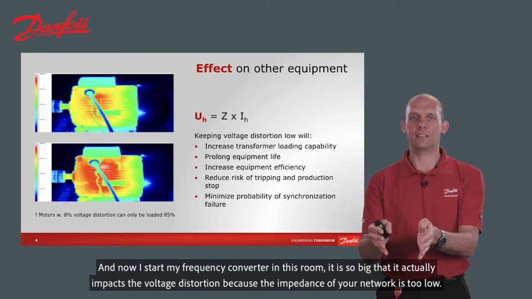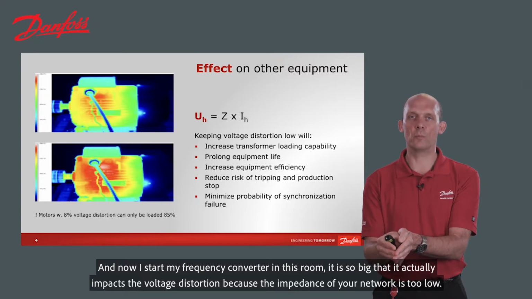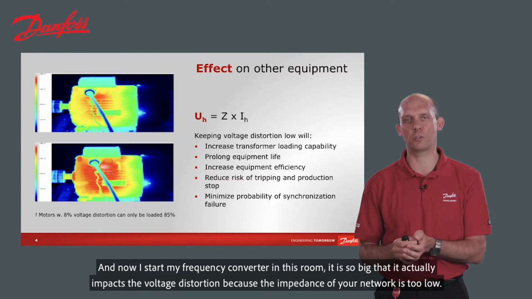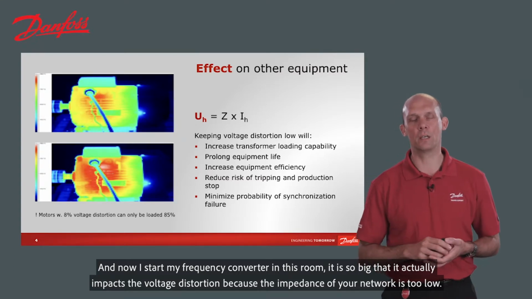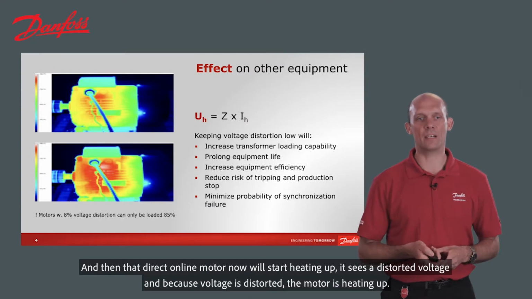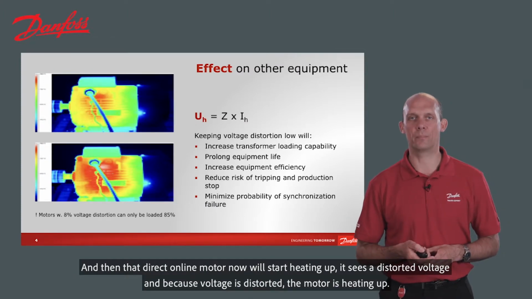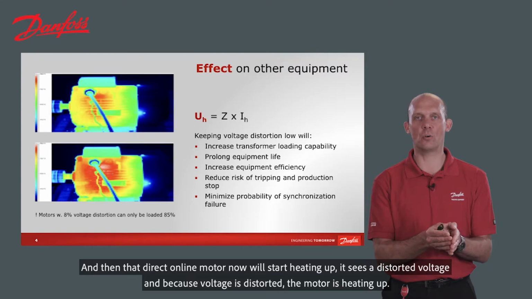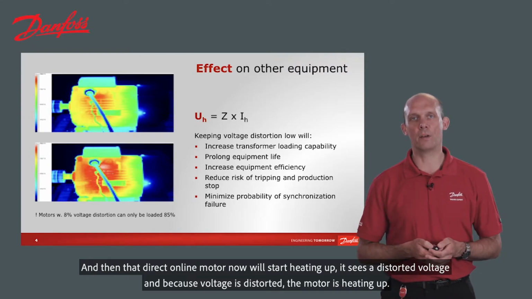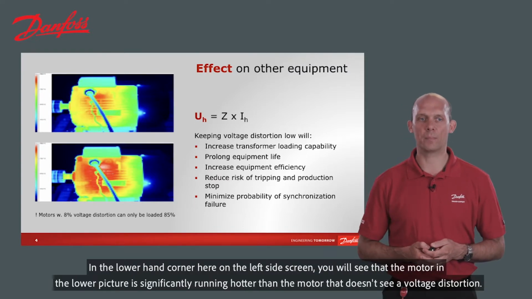And now I start my frequency converter in this room. It's so big that it actually impacts the voltage distortion because the impedance of your network is too low. And then that direct online motor now will start heating up. It sees a distorted voltage, and because the voltage is distorted, the motor is heating up.